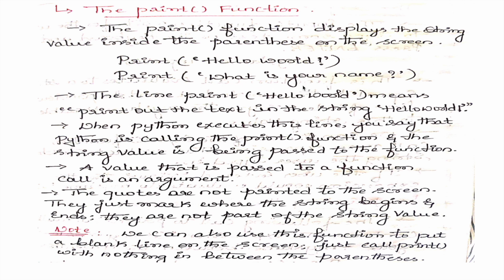It will print whatever is inside the quotes. Getting my point? The print function displays the string value that is inside the parentheses on the screen. Whatever is inside the brackets and quotes will be printed using the print function.